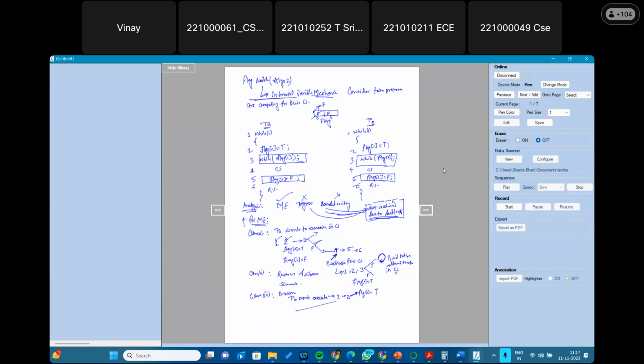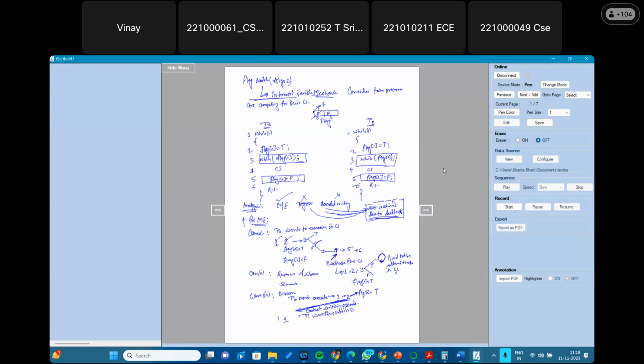Now suddenly, at 2, after execution of 2, context switching occurred. Right? And P1 wants to execute its critical section. What will happen?